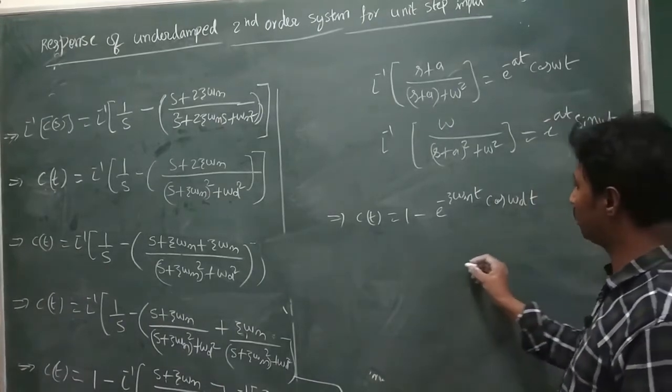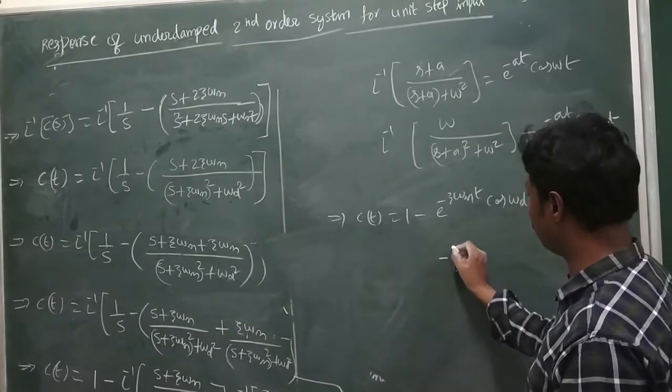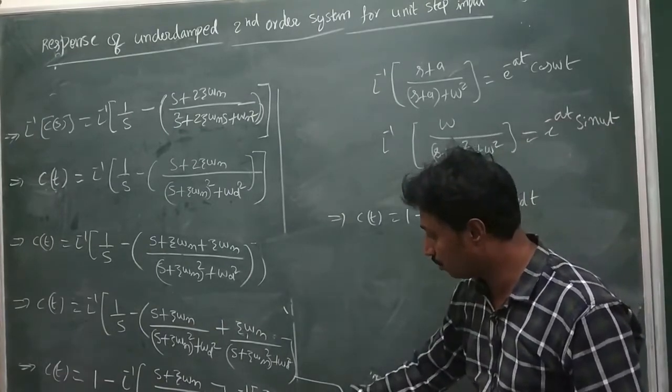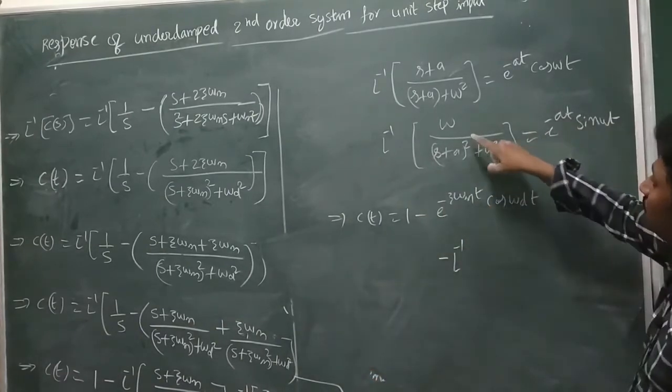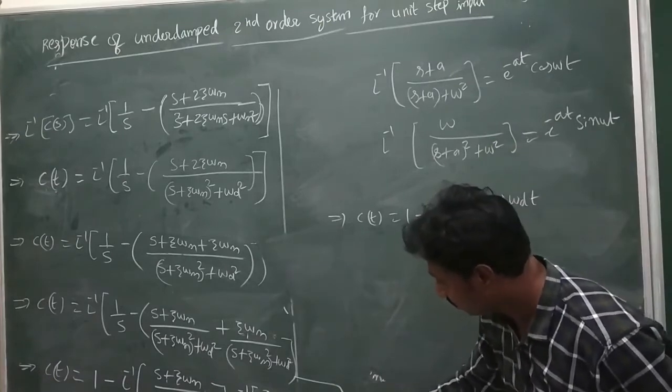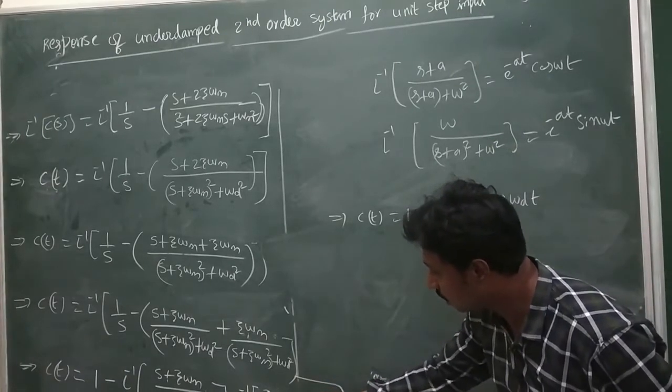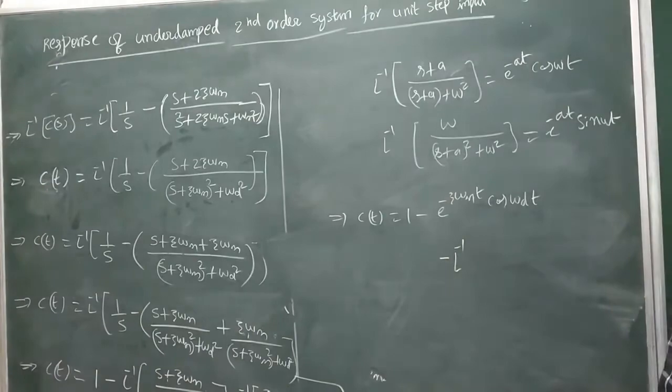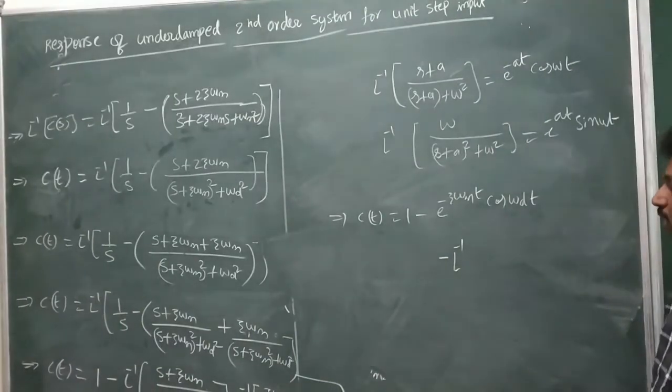Here, minus L inverse, you have to bring this expression into the formula form. Here omega d is there, so here also there should be omega d. So you multiply and divide by omega d.